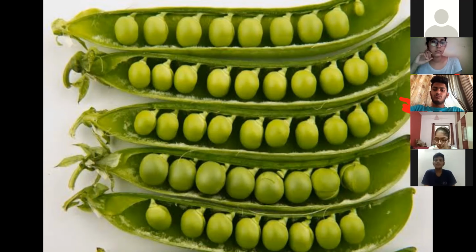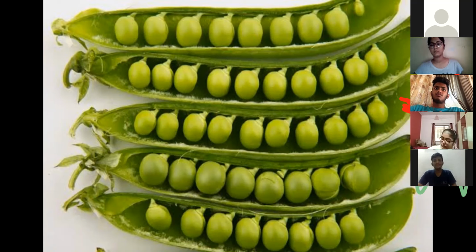The two pods are there, right? Like this, 1 and 2. And out of these two, आप अभी करो ना घर पे तब clearly observe करना on one side only that these green peas are attached. Only on one side, right?